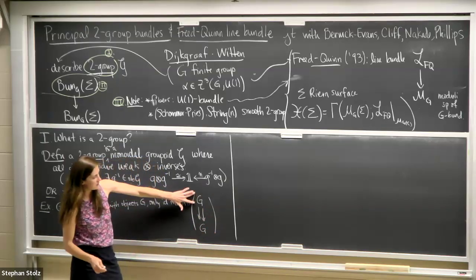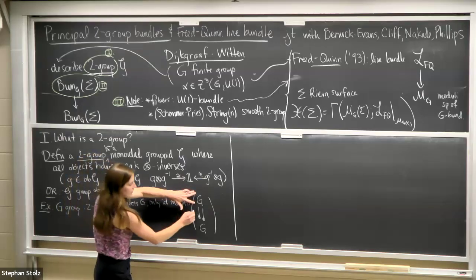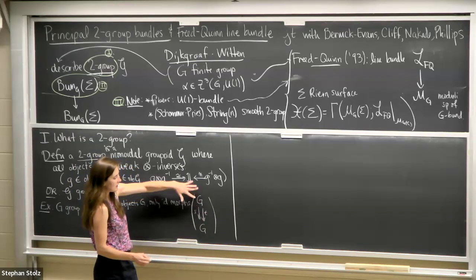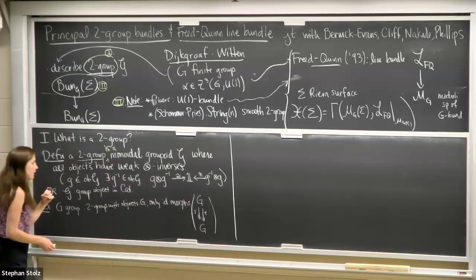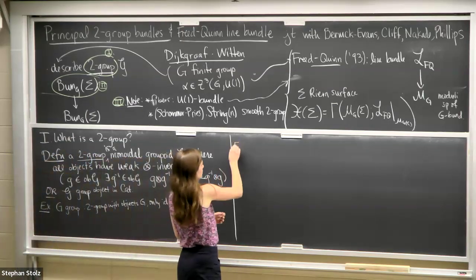Here this top is just this top set, my morphisms. I have these source and target maps to the objects, and here they're just projections. So that's the first trivial example of a 2-group.